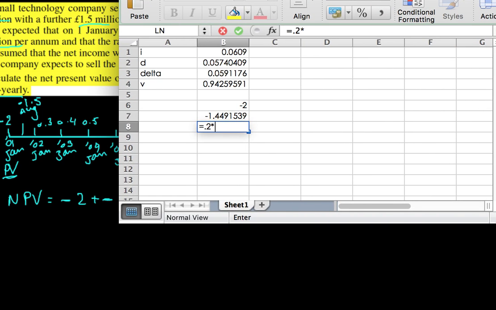And the continuous one is worked out as 1 minus v to the n, which is 10, divided by delta. Easy. And then the next bit is that increasing annuity bit, which was 0.1 times everything there.